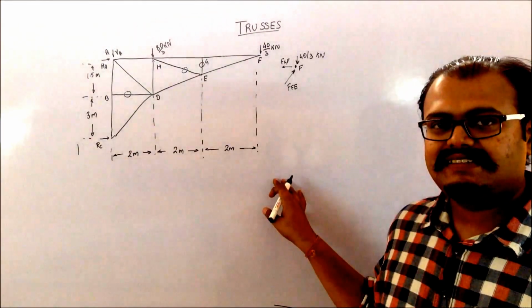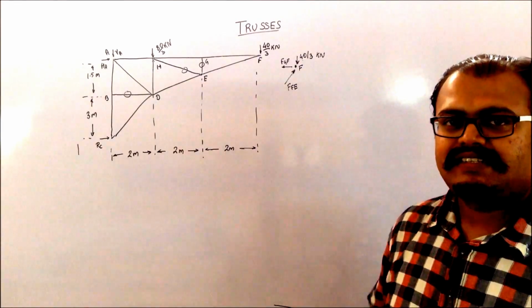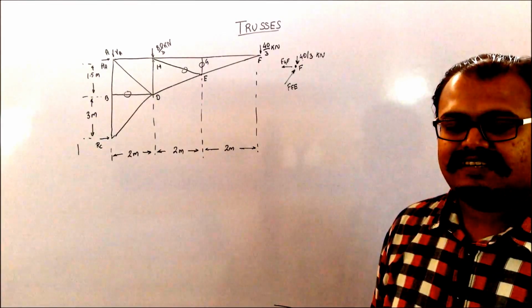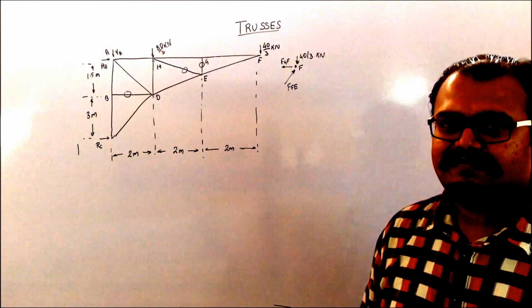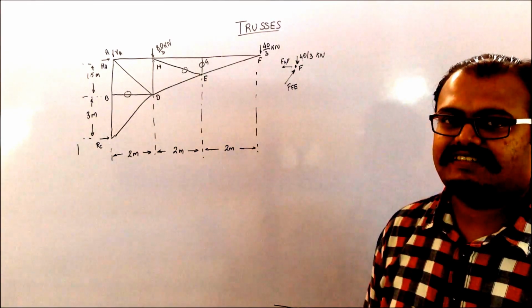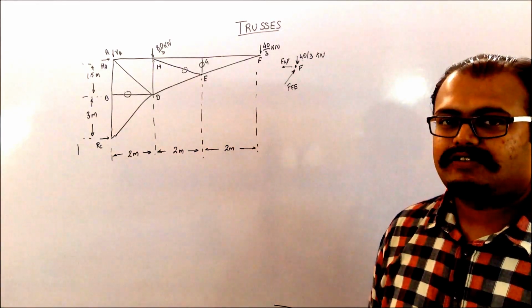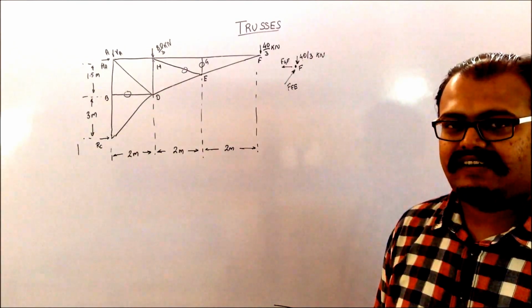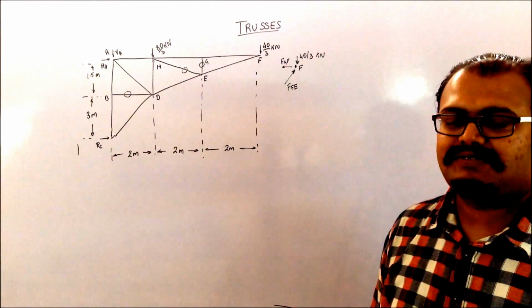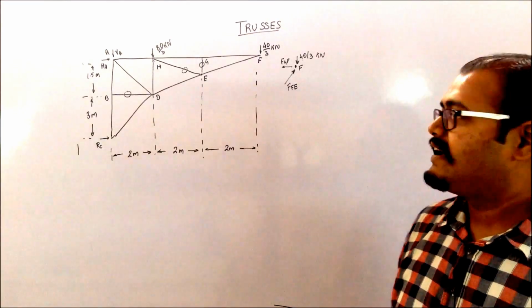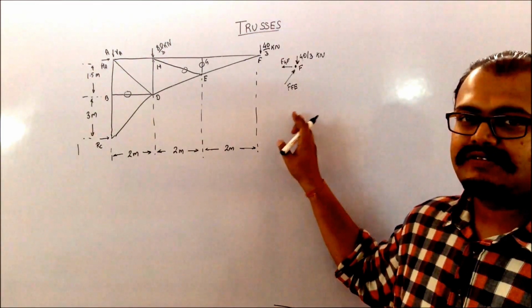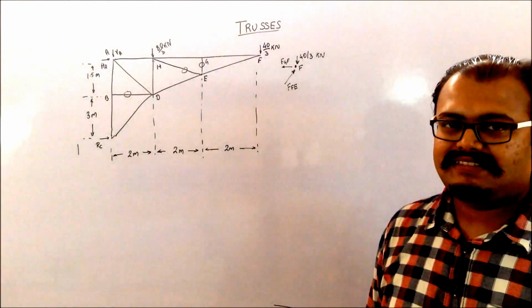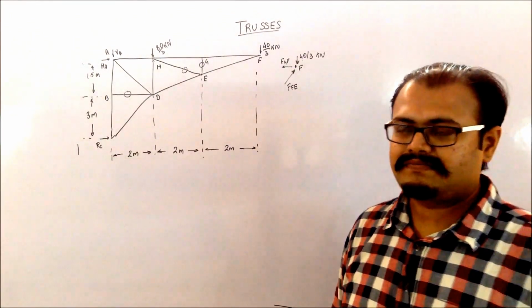This type of analysis will help you to reduce the complications which are present because of the change in signs or change in the direction of the forces. So if you just do some observation while calculating the forces in the truss, you can reduce the amount of steps and also reduce the complications which are present in that problem.